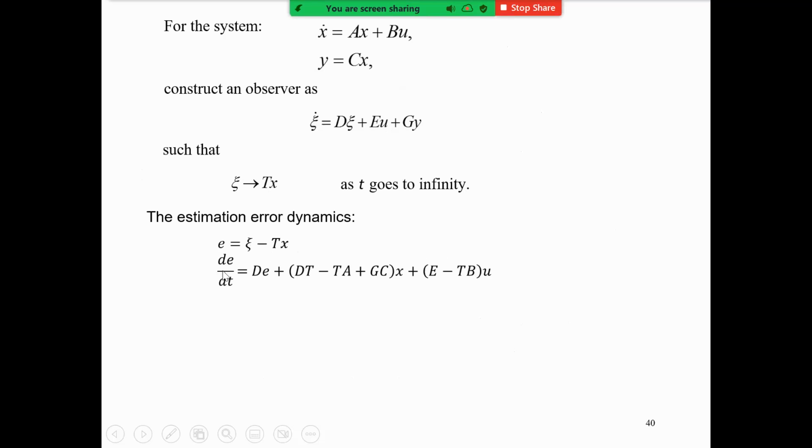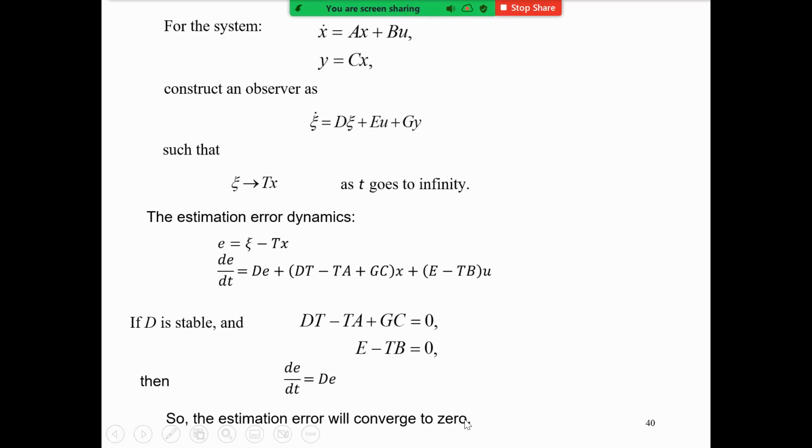We say, okay, these are the dynamic equations for them. Now, if D is stable, and if we make this term go to 0, and this term go to 0, so we'll get this one. That is the way we make the error go to 0. I think at some point some students said you make D equal 0.